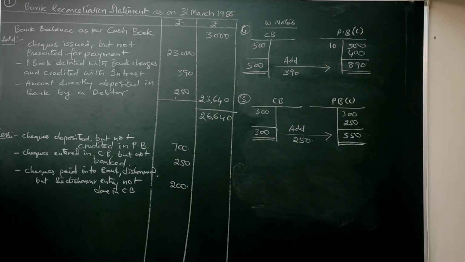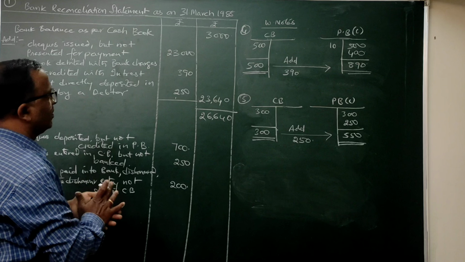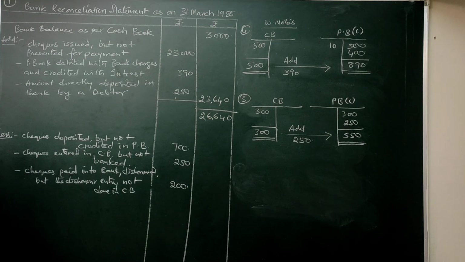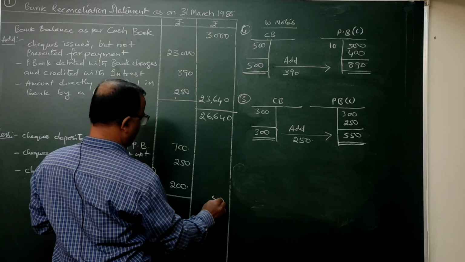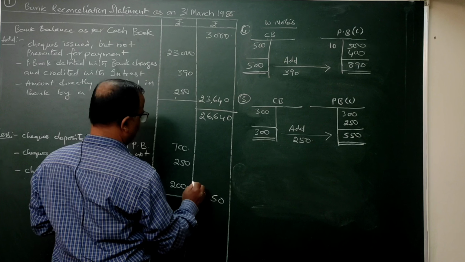One minute. Let me verify here. Okay, so the total of this, if you observe, 0, 5, 7 plus 4, it is 11.